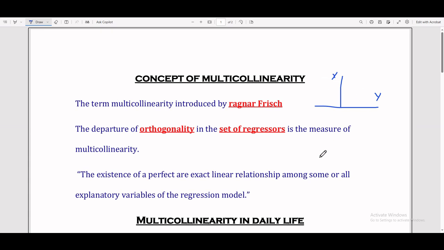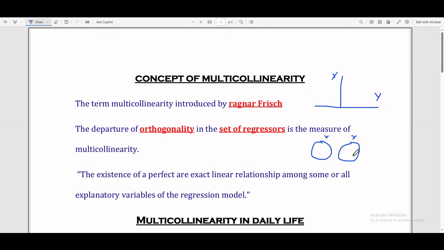But in statistics, if we represent these two vectors by circle shapes, this is x and this is y. These are two vectors x and y, and there is some data in x and in y. These two vectors are orthogonal to each other because there is no correlation among these two variables.